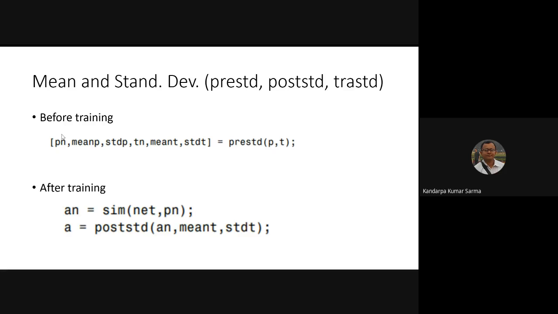So this can be done before the training part, and once the training part is complete, we can generate the response of the network, and the value which the network generates by taking the scaled version of the patterns can be passed through the post std function to generate the mean and standard deviation value removed version of the values.